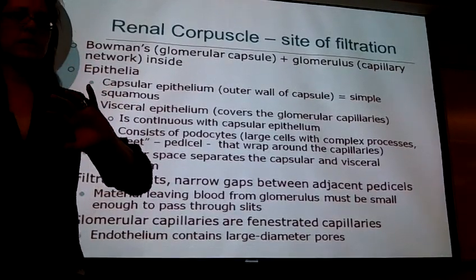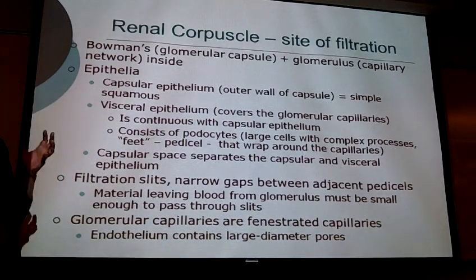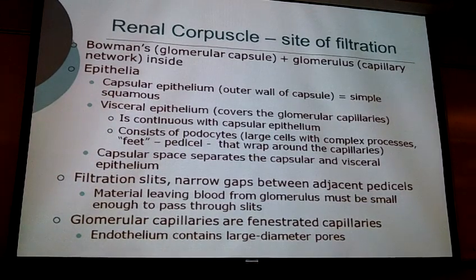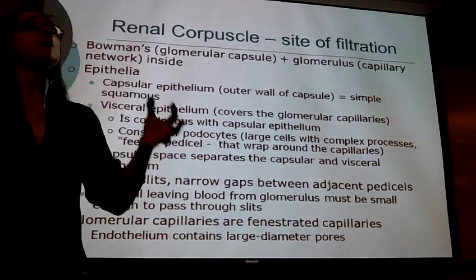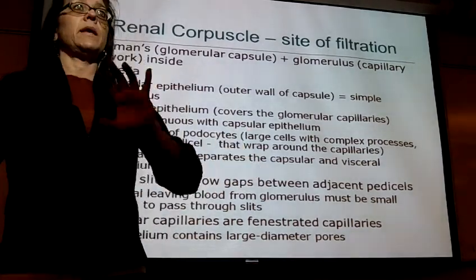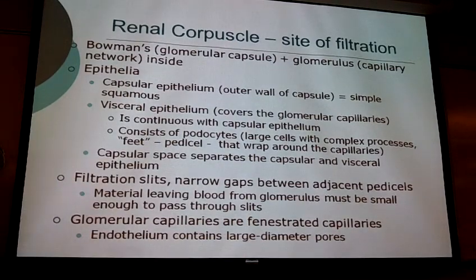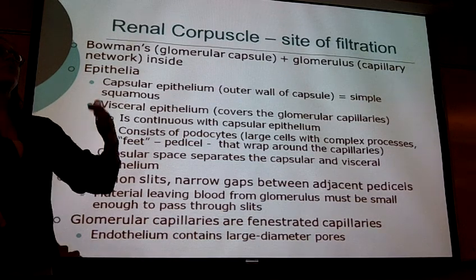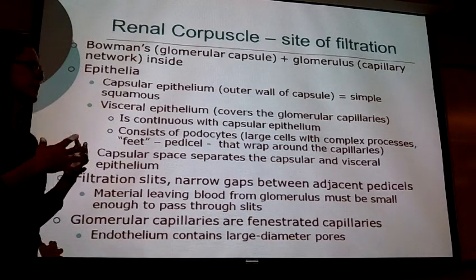the glomerulus, and things are going to diffuse out of the glomerulus, and things can diffuse into the glomerulus as well, in and out of the capillaries. Most of the material is going to be diffusing out of the glomerulus and forming this filtrate. And we'll look at the pressures that dictate that process.